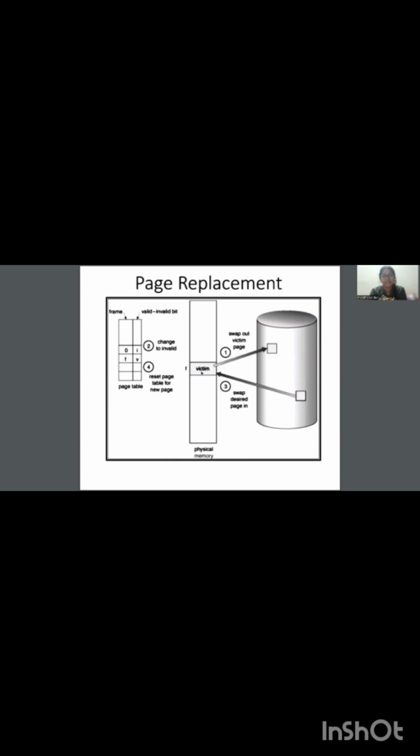After the operating system selects the victim from the physical memory, it swaps out the victim page. After that, in the second step, we update the page table in which the frame number of the victim is changed to invalid.